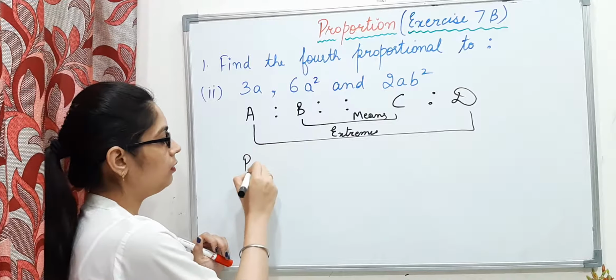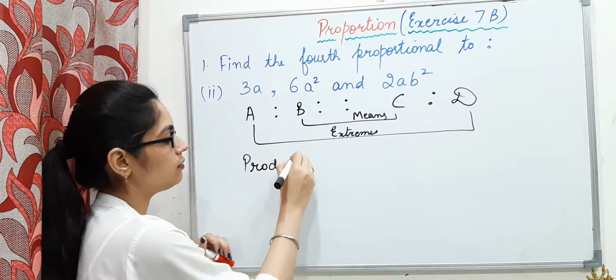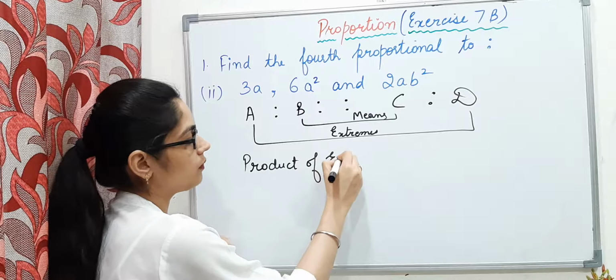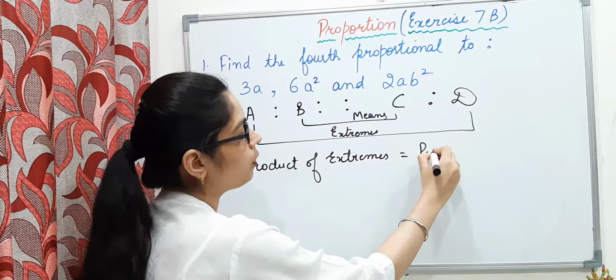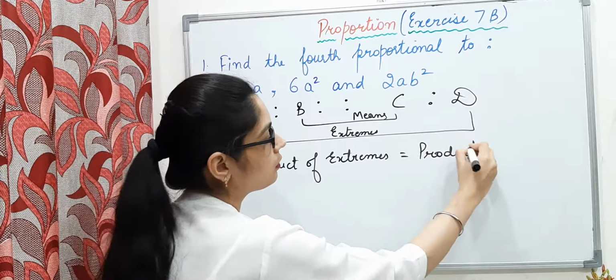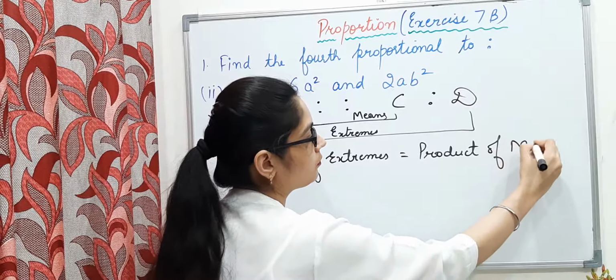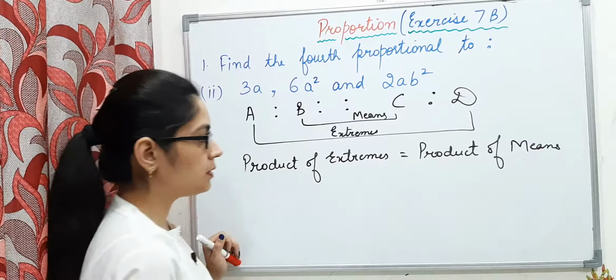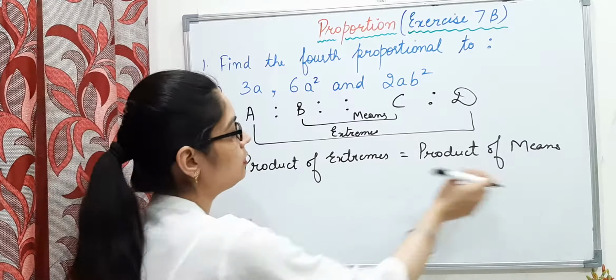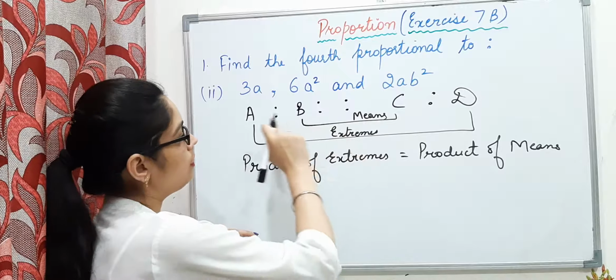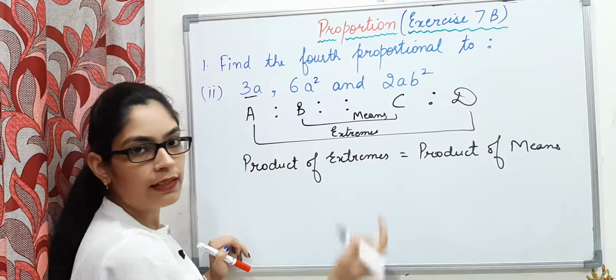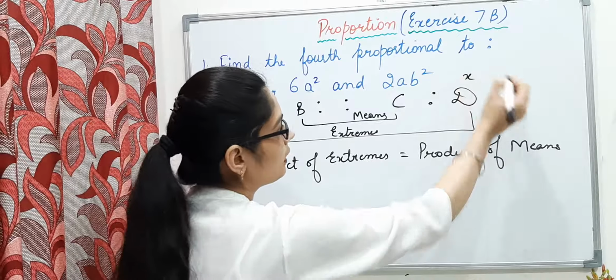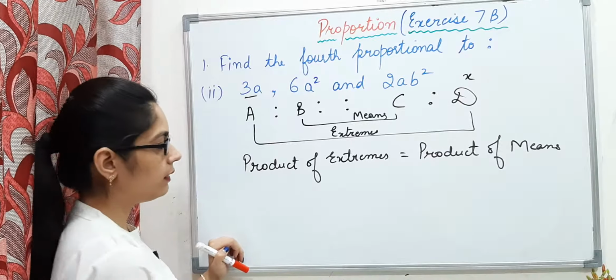So the formula is: product of extremes is equal to product of means. So we just have to substitute extremes and means. Extremes are A and D. A is 3A, I have just written, and D is not given to us, so let us assume it as X, or D, if you want you can write D only.